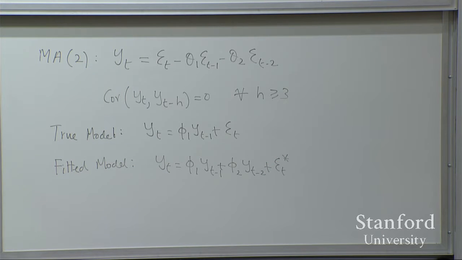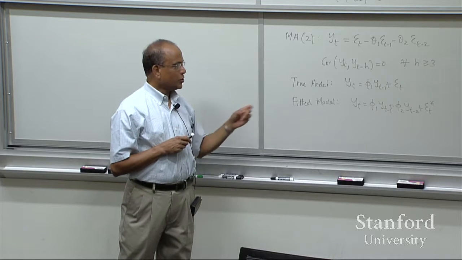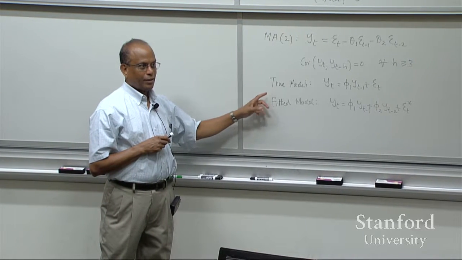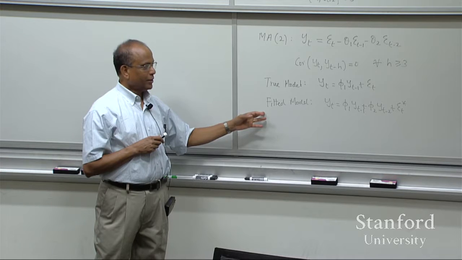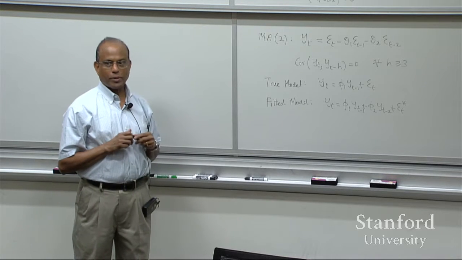If that is the case, what kind of number should you see for pi 2? This is the true model, right? And you're forcing this model here. What kind of number should you see for pi 2?